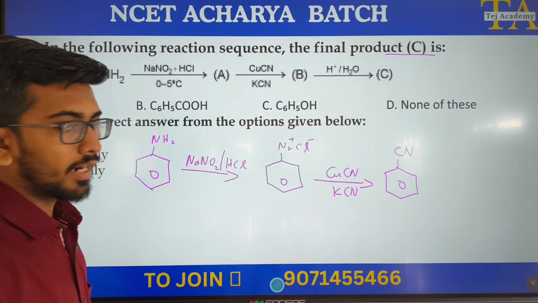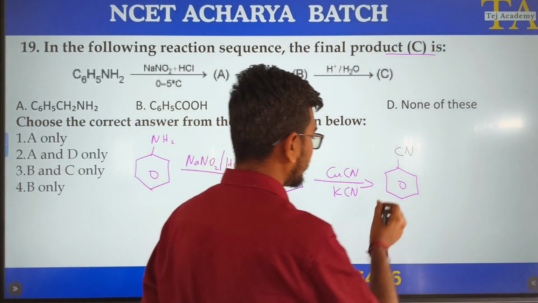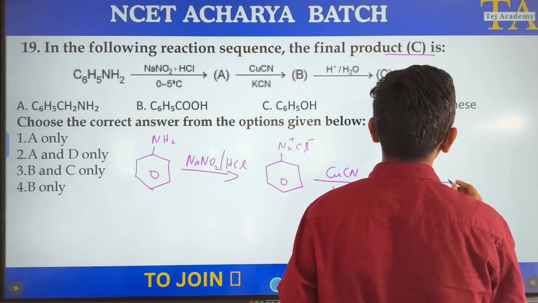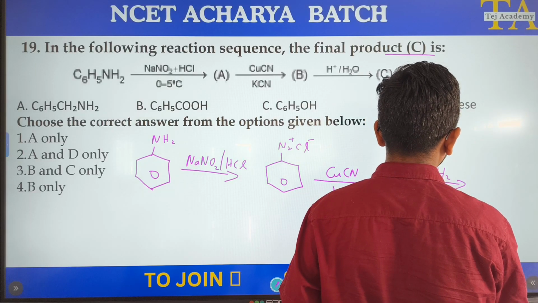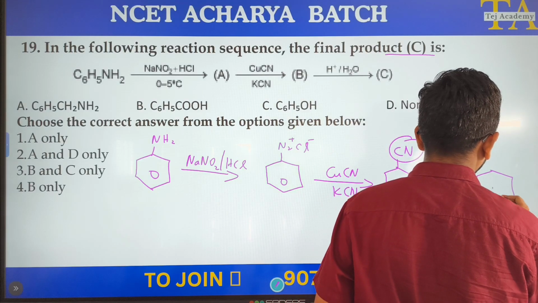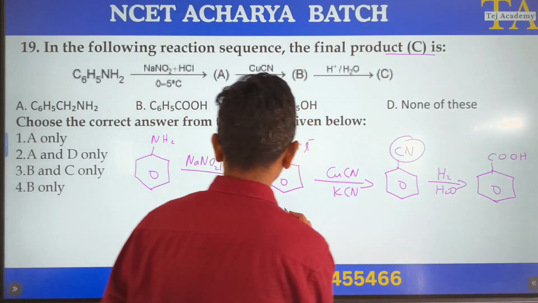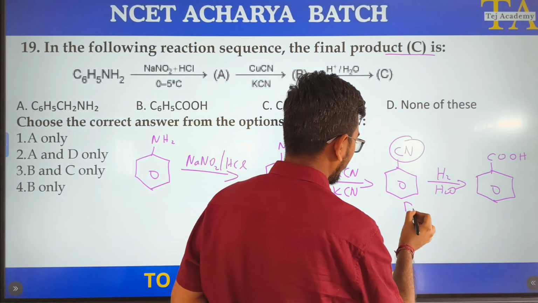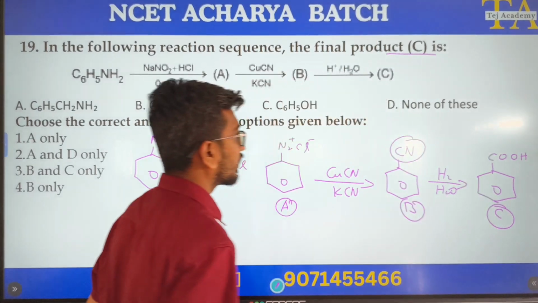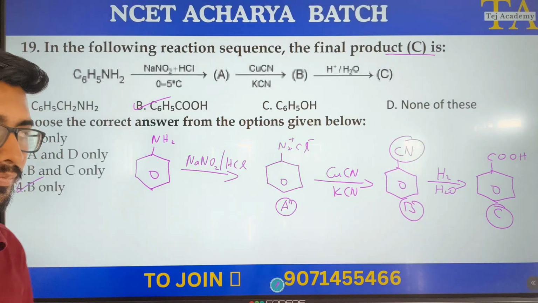For this they are adding H+ and H2O, hydrolysis. So finally this CN will be converted into carboxylic acid, COOH. So this is our final product. So this is A, B, C. So C is our final product, C6H5COOH. So the fourth option, B only, is the correct answer.